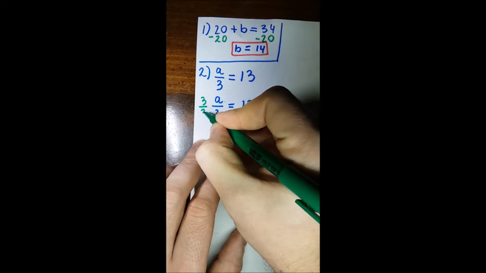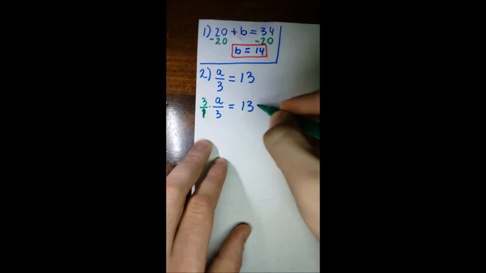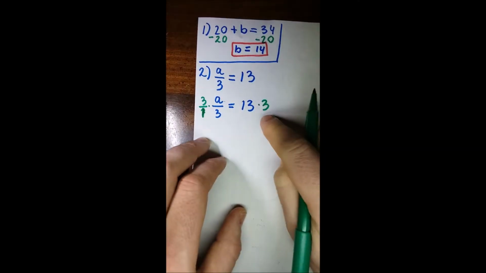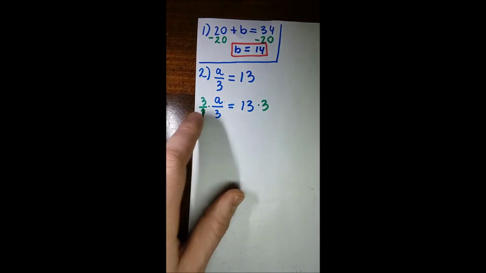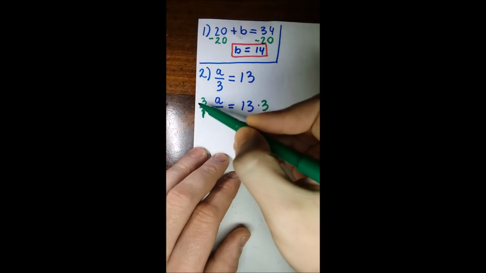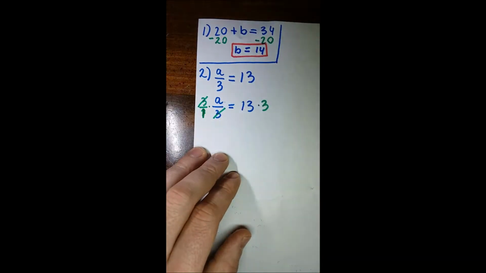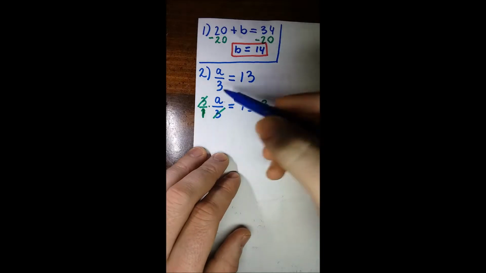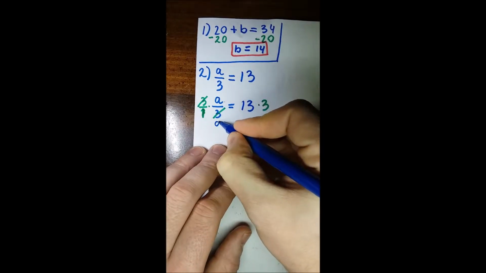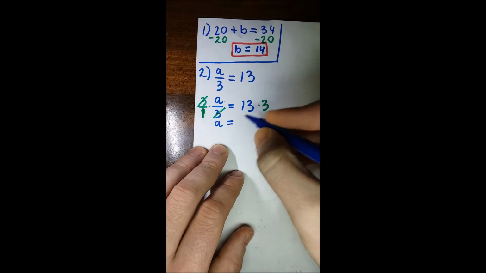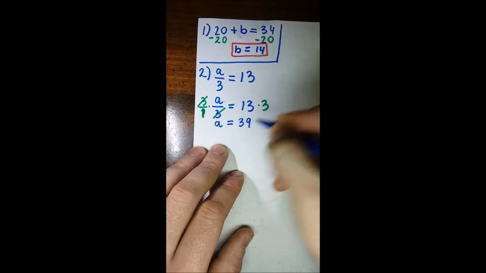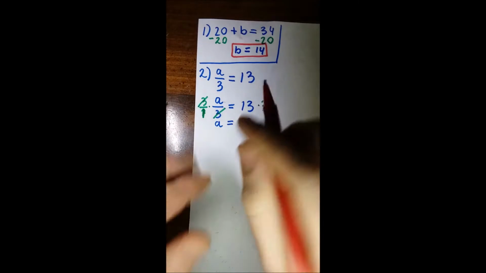In this case, 3 over 1 times, and here's just 3. We put 3 over 1 because it's a fraction, so 3 and 3 over 1 is the same thing. The reason we did that is because this 3 and this 3 cancel each other out. So we're looking now at a on the left side equals 13 times 3 is 39. That's your answer.